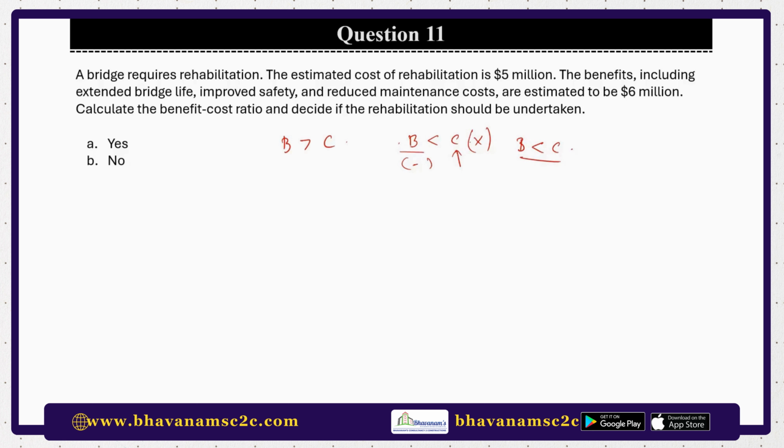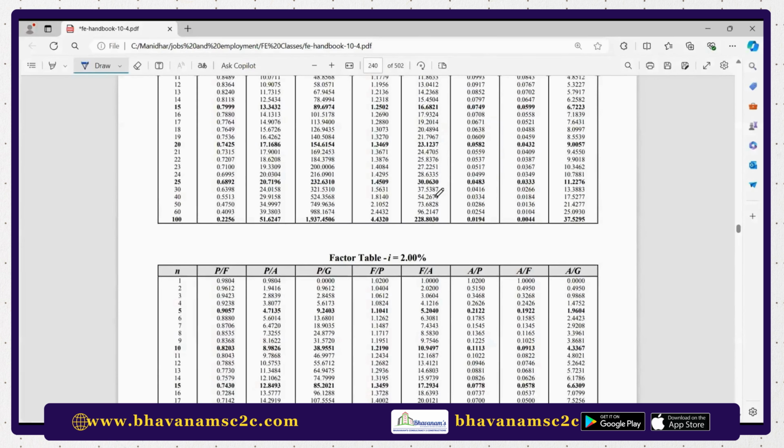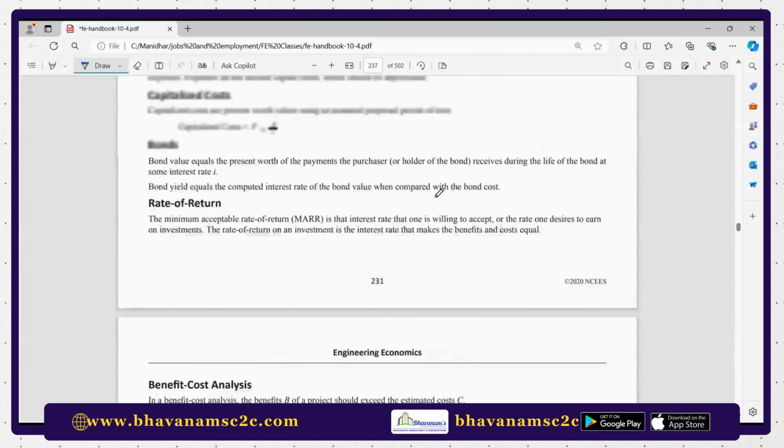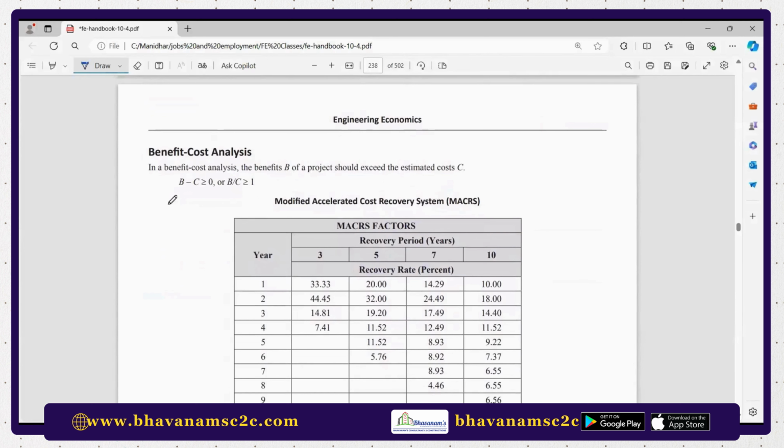You can see my handbook, right? I'm taking you to the page of benefit cost analysis. You can see here what we discussed yesterday, that B minus C should be greater than 0. It means that B should be greater than or equal to C, or B by C should be greater than or equal to 1.